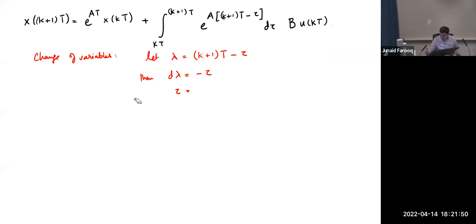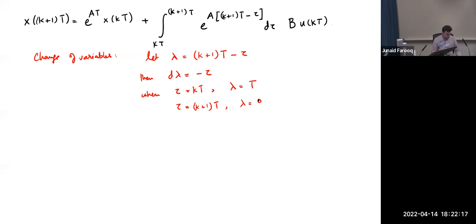Because tau is a variable of integration, when tau equals kT, lambda equals capital T, and when tau equals (k+1)T, then lambda equals 0.